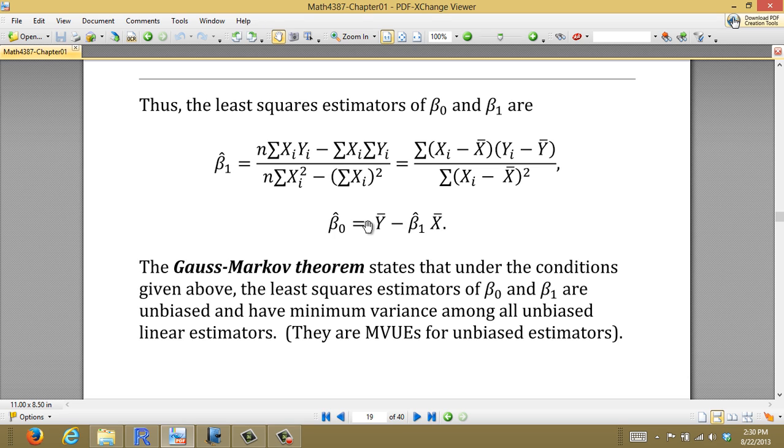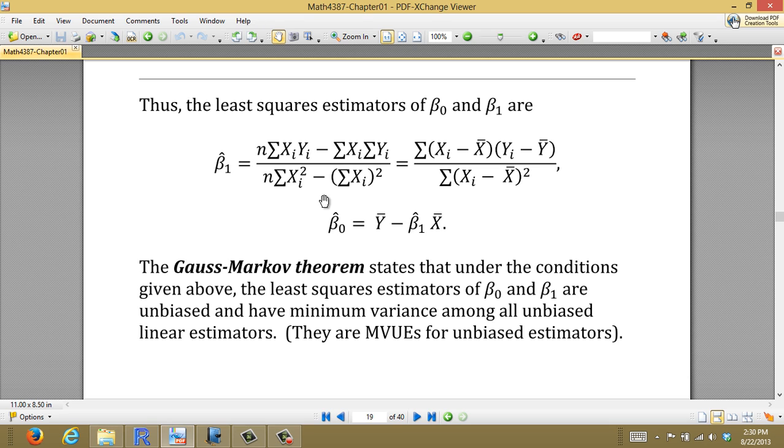And the Gauss-Markov, so these are the least squares estimators. Regardless of the distribution of the data, these are the values of beta naught and beta 1 that are going to minimize the least squares error criterion. But we also have something called the Gauss-Markov theorem, which states that under the conditions given above, so under the assumptions that we've already made, specifically on the errors, the least squares estimators of beta naught and beta 1 are unbiased and have minimum variance among all unbiased linear estimators.